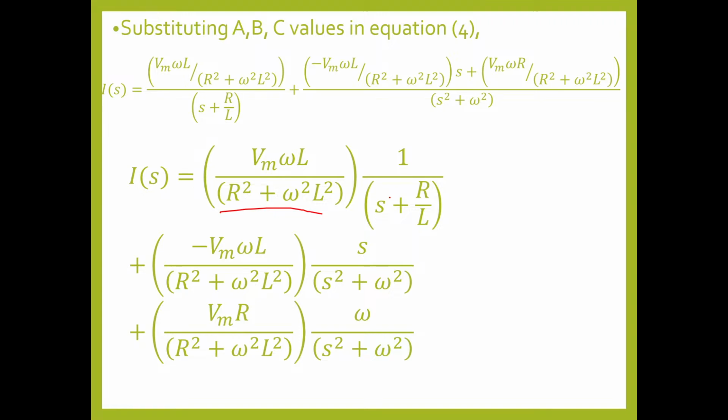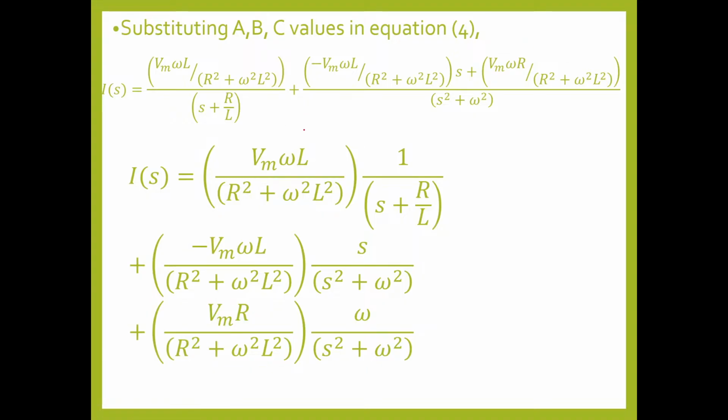What is left over? 1 by s plus R by L, plus the numerator I have written aside. Here I might have written minus, but I kept this minus here itself. What is the coefficient of this? Now s by s square plus omega square, and this numerator also I have written aside. So you will get the coefficient omega by s square plus omega square.